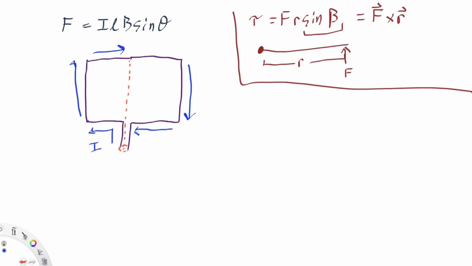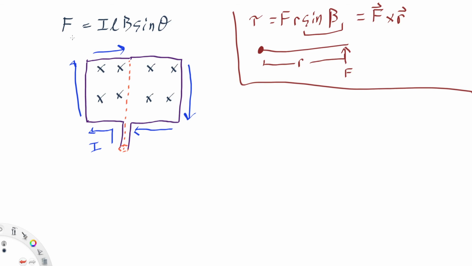So far, so good. Okay. And we turn on a B field, which goes into the page. Okay.